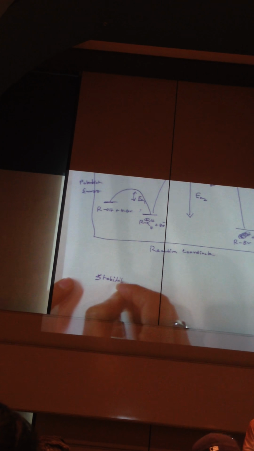Because when we look at an alkyl group, we see that the stability of different alkyl groups are as follows. You have carbon attached to 3 alkyl groups.